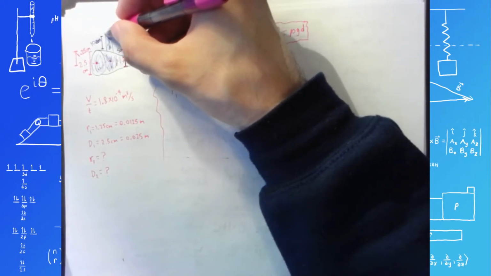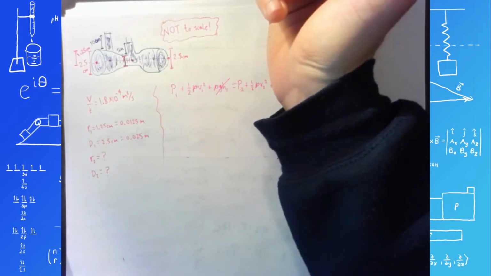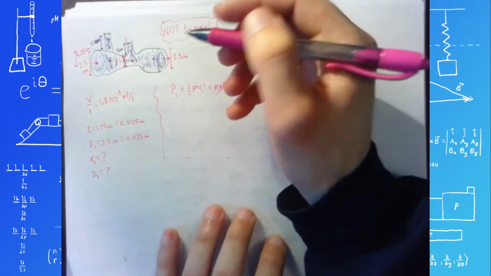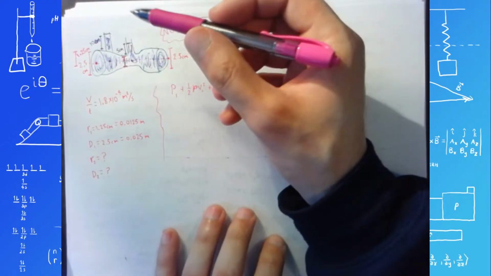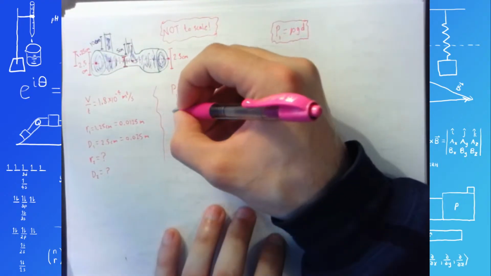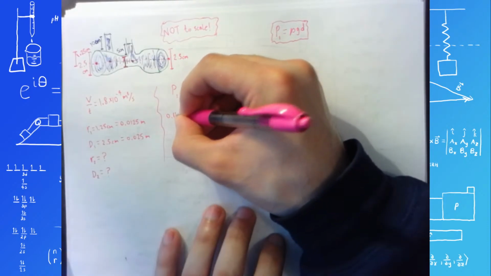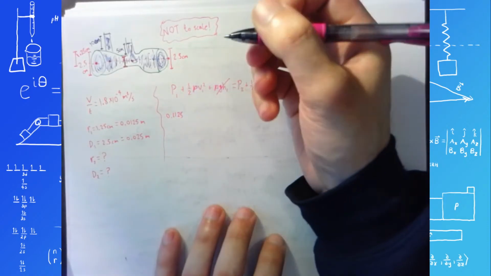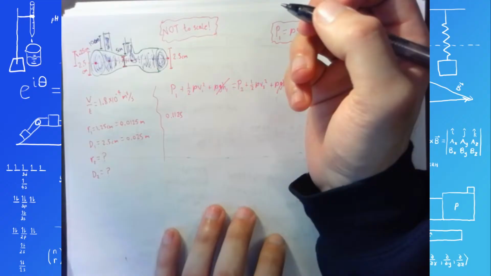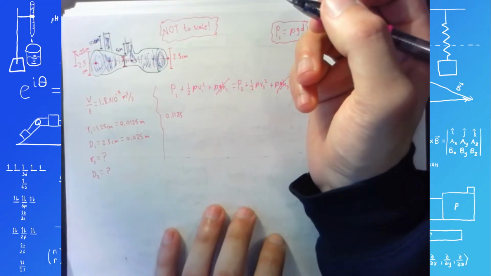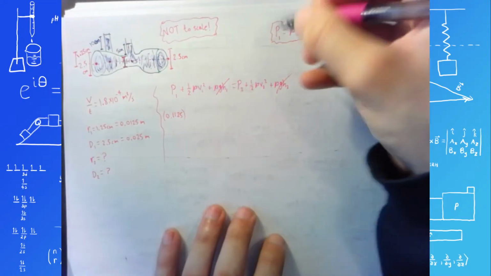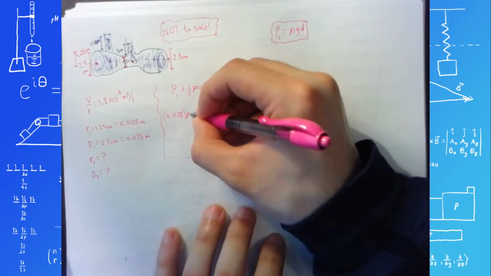Converting 11.25 centimeters to meters, it would be 0.1125 for D times rho times g.